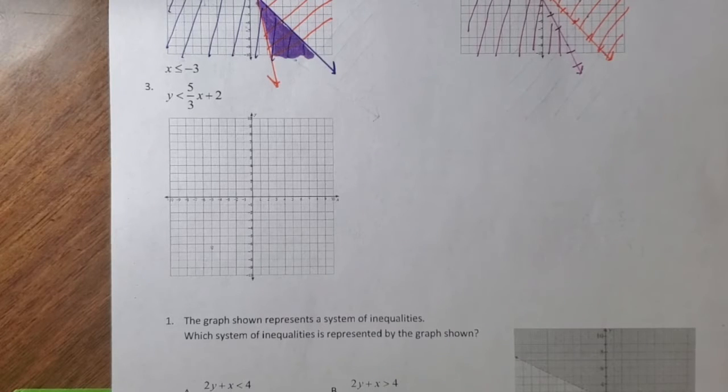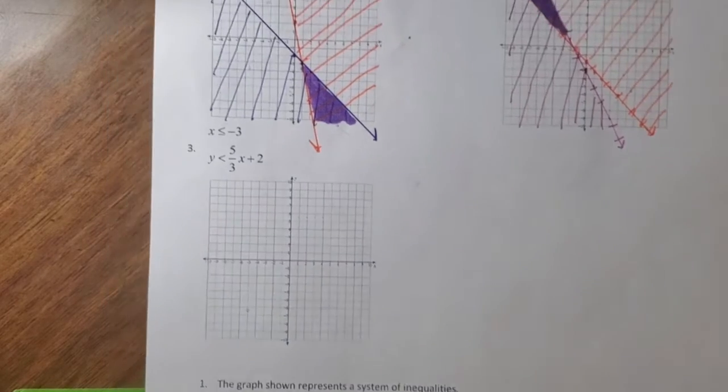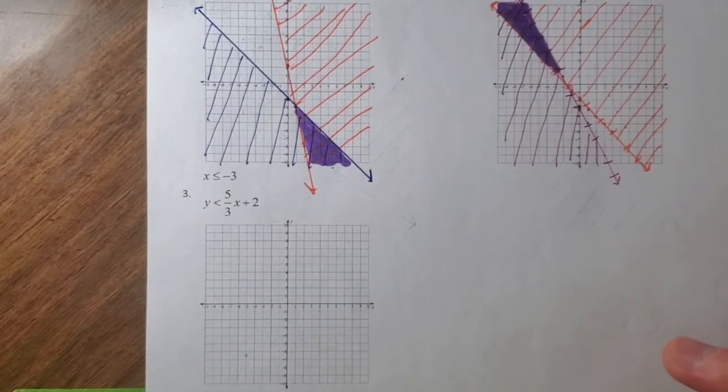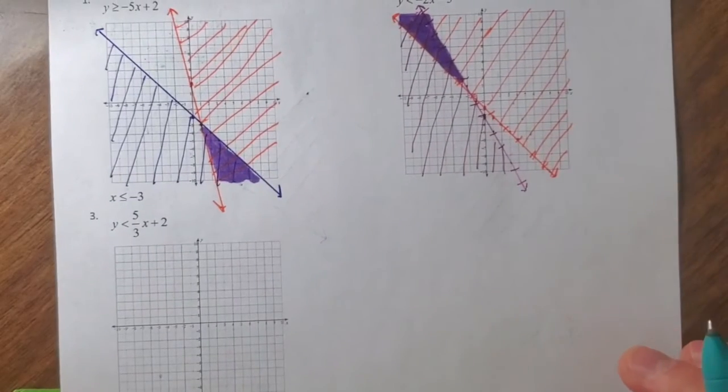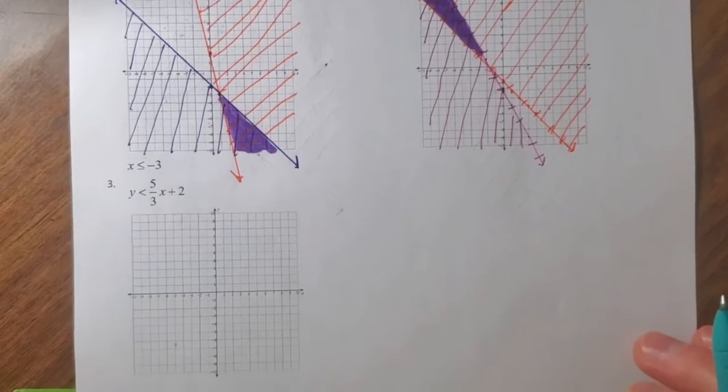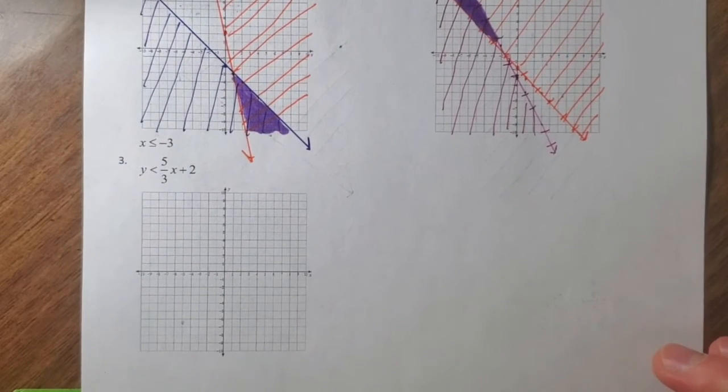Okay, so starting off, we can see this first inequality. We only have one variable here, which might seem a little bit intimidating at first, but it's actually easier for us to work with in this case.